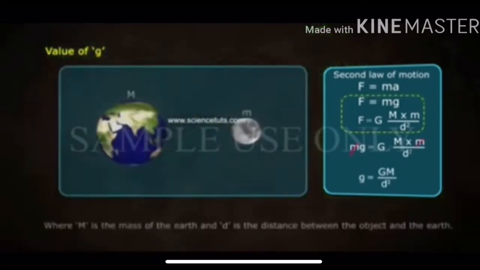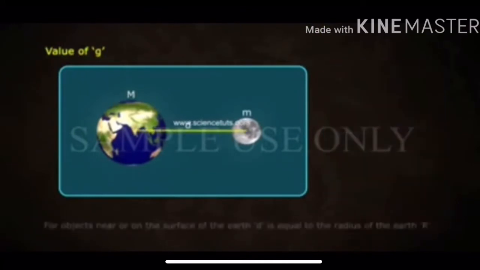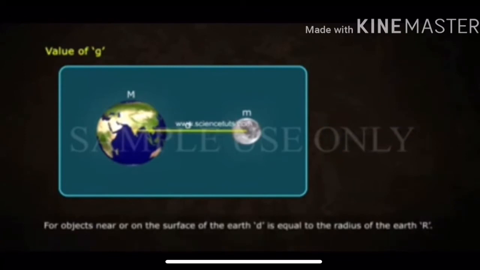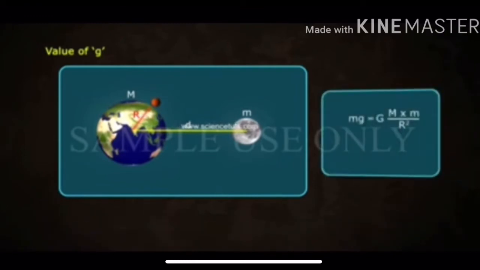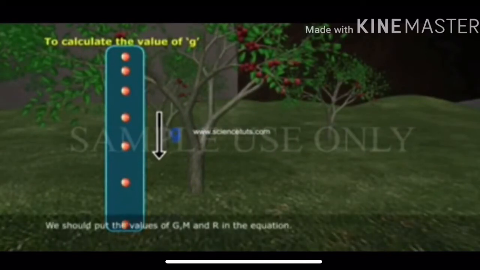Near the surface of Earth, d is approximately equal to the radius, so g = GM/R², where M is the mass of Earth and R is the radius of Earth. If we put the given values, we can calculate the value of g.